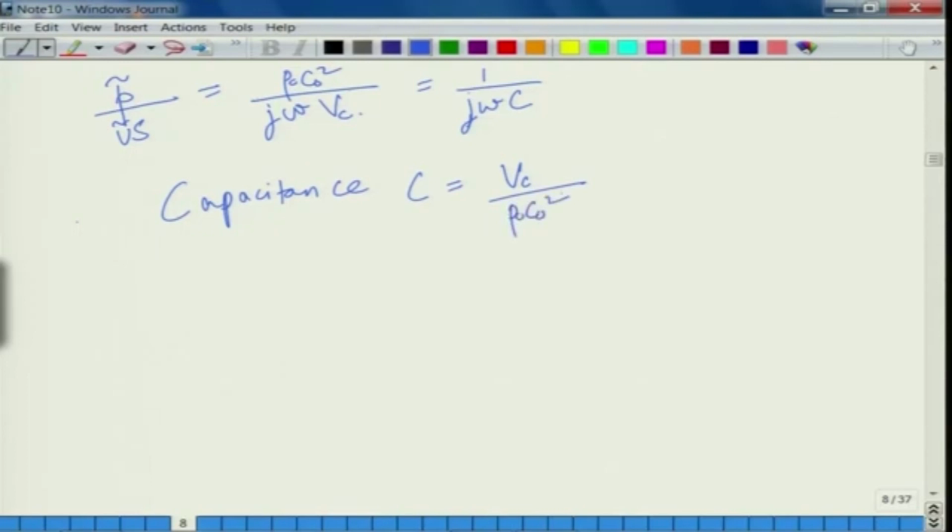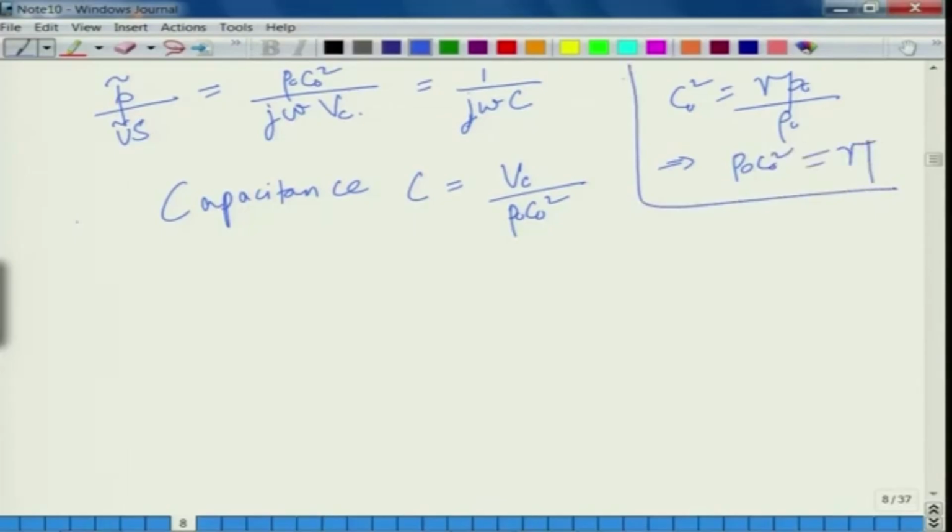And as we probably know, C naught square is nothing but gamma times P naught by rho naught. So, rho naught C naught square is equal to gamma P naught, and capacitance can be written as V c by gamma times P naught. What does this mean?